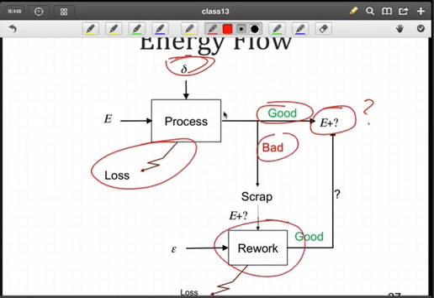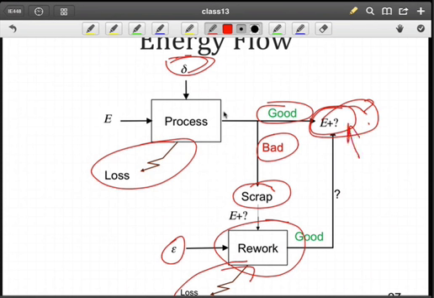So if we look at parts that are bad, this scrap, we might have to consume additional energy. There may be some losses, and if it's good, then we're going to enter the stream to the next process. The amount of energy that was invested here, of course, could be less than E or greater than E, depending upon the amount of loss that we have during this process.